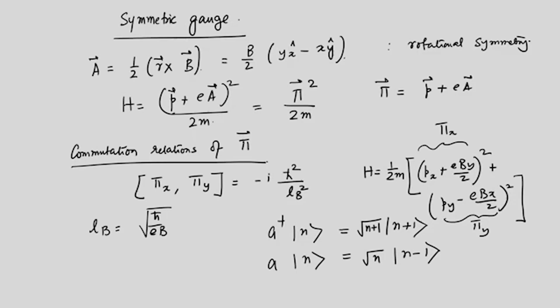So A is written as some x plus ip, and A dagger is written as some x minus ip, or the reverse of it, along with some factors which properly give you the commutation relations of x and p, in terms of A and A dagger.